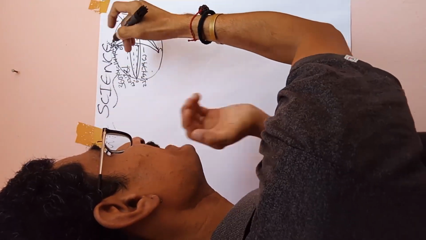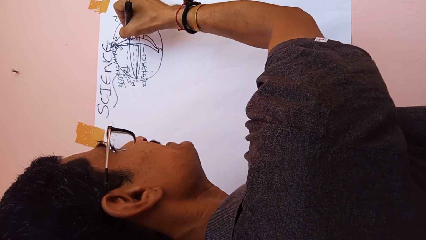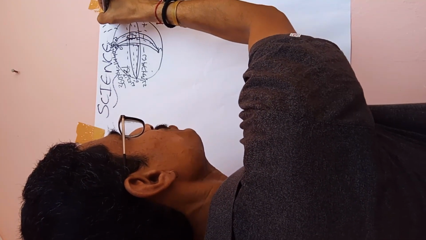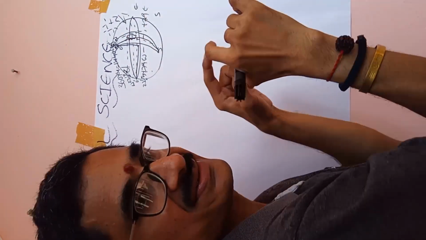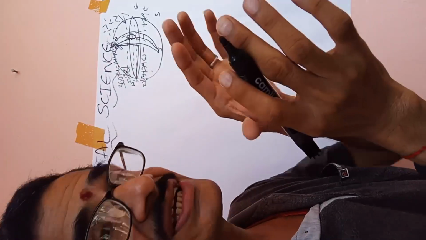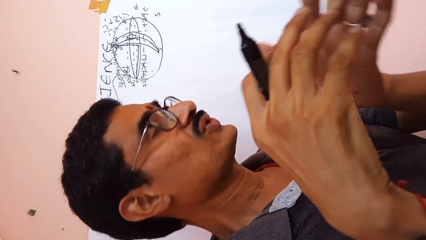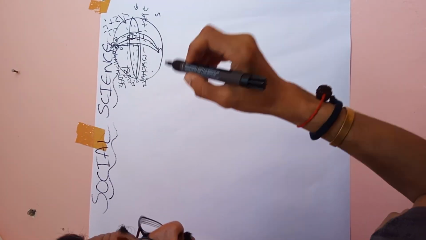Horizontals. Now vertical lines, longitudes. This longitude and this longitude. These longitudes and latitudes make grids, four-sided grids. Using that grid, we can easily locate any place on the earth. Now see, I will draw the India map.